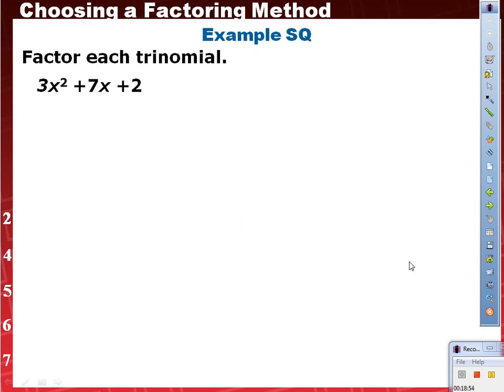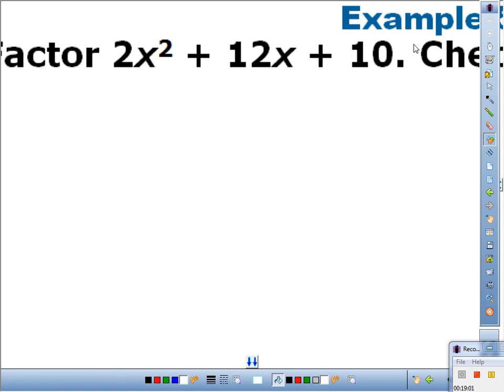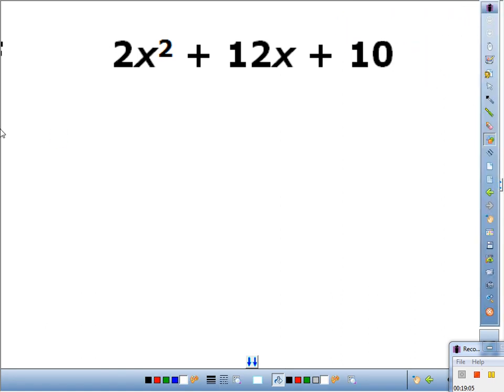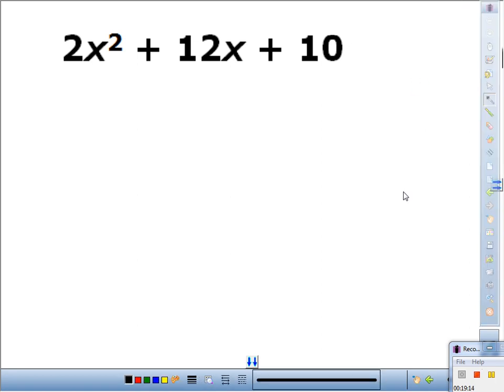Example number 5. 2x squared plus 12x plus 10. Factor that. No, you may not do it with shortcuts. Do this one the long way. Oh, Mr. Q. Yeah, do it using grouping method, and then from there in your noodle, use whatever shortcut you want and see if it works.